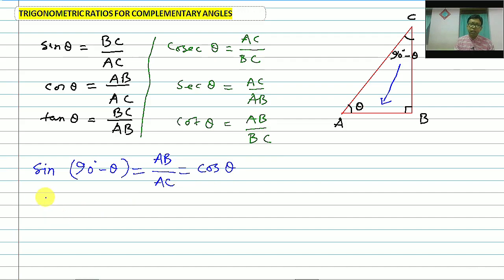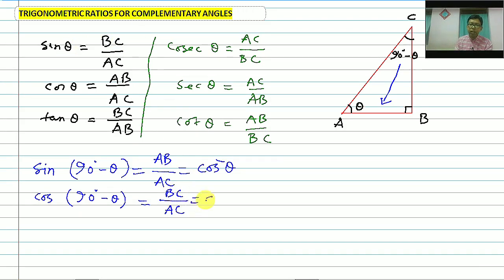Again I write cos of 90 degree minus theta. You know, this is base divided by hypotenuse. With respect to 90 degree minus theta, BC is the base. So BC upon the hypotenuse, and the hypotenuse is here AC. Now what is BC upon AC? BC upon AC is equal to sin theta.